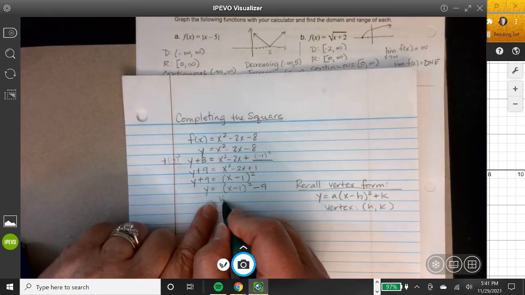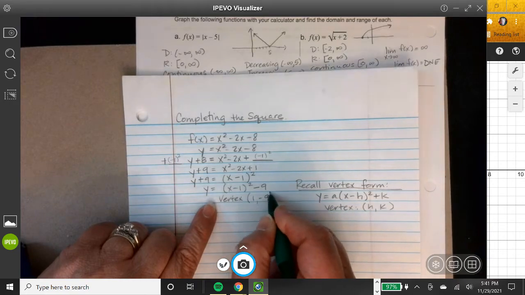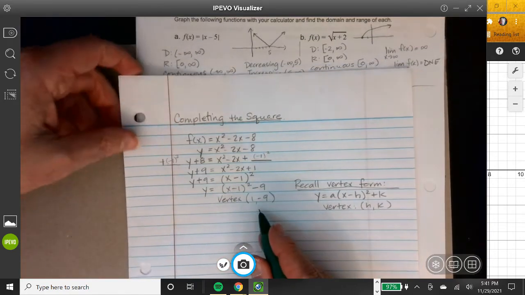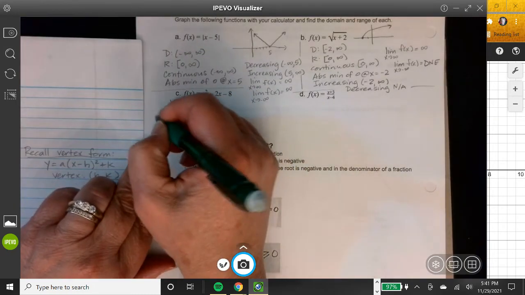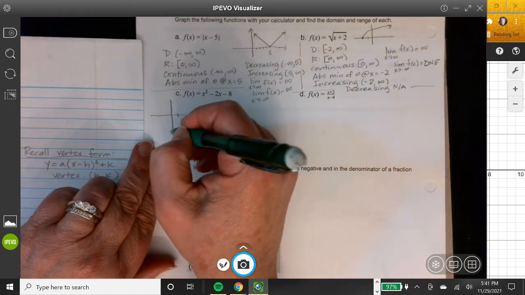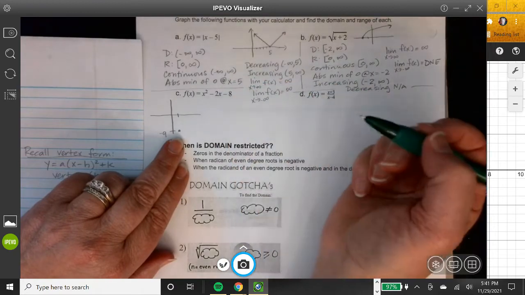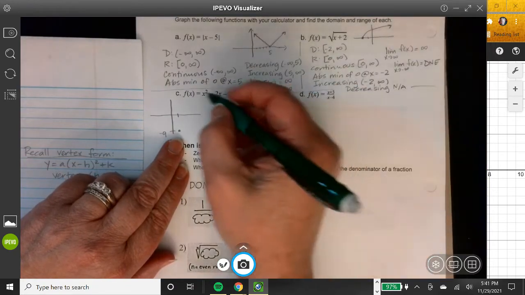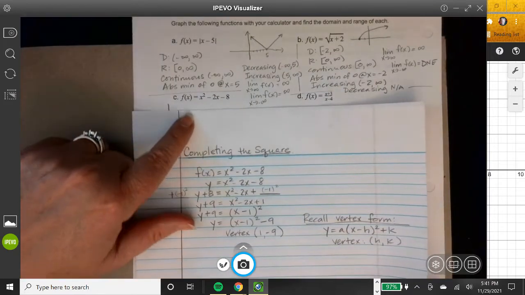So my vertex in this case is 1, negative 9. So I'm going to take that information that we just did, completing the square, and bring it over here. So it's 1, negative 9. Here's my vertex. And this opens up. Well, it opens up, and wouldn't it be nice to be able to find the zeros to this?